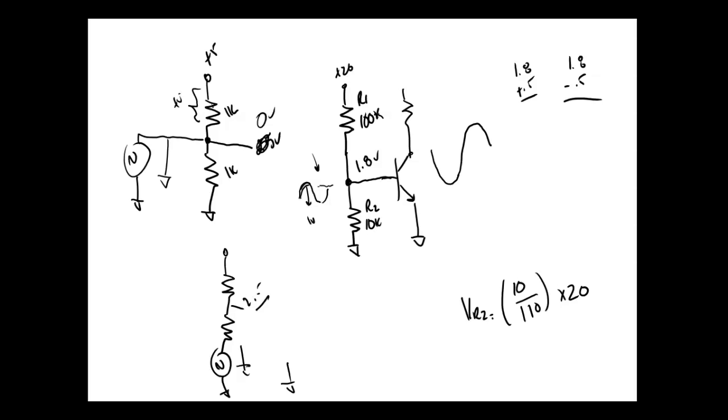I'm trying to come up with a component that I can put right here that keeps the 1.8 volts in and allows me to couple an AC signal into this. I need an electronic component, not a piece of test equipment, that blocks DC and passes AC.